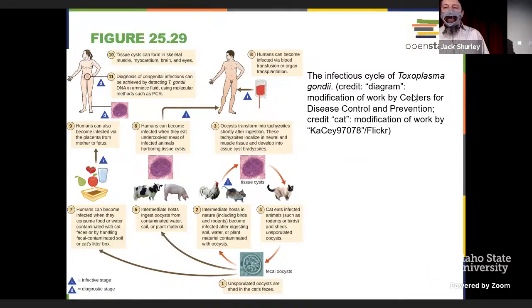So the first one we want to focus on this morning is Toxoplasma gondii. This organism is pretty impressive, I feel like. It is something that is very common. If we were to sample antibody from individuals, it's highly likely that we would recognize previous exposure.